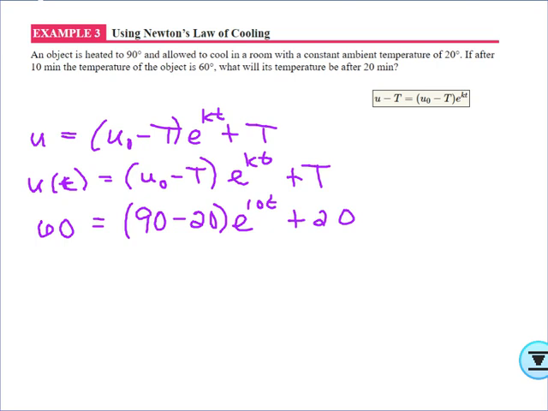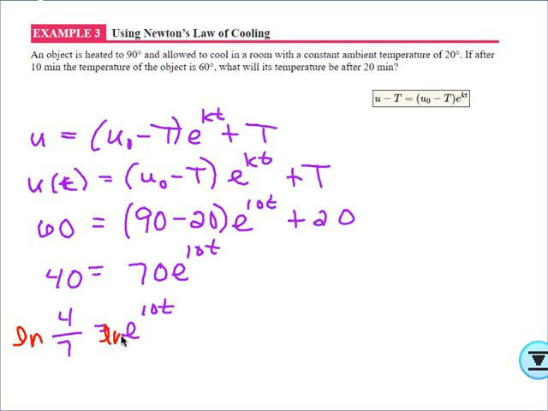So if I subtract the 20, I get 40 is equal to 70 e to the 10k. Divide by 70, I'm just going to get 4/7 because the zeros cancel, e to the 10k. Take the natural log of both sides. Here, maybe I'll do this so that it makes sense when you look at this later.